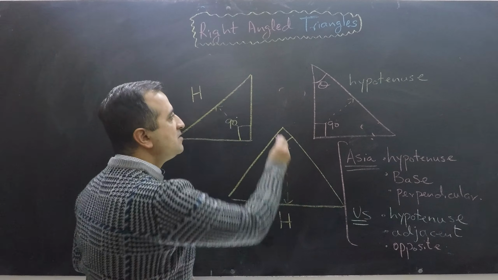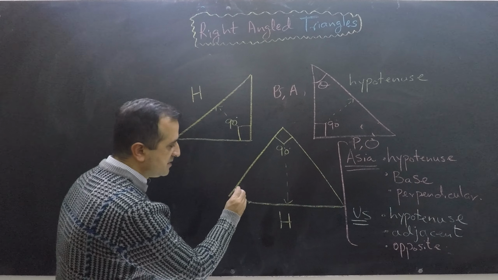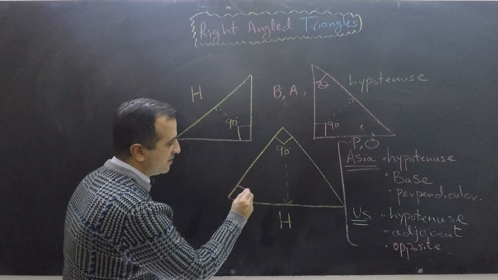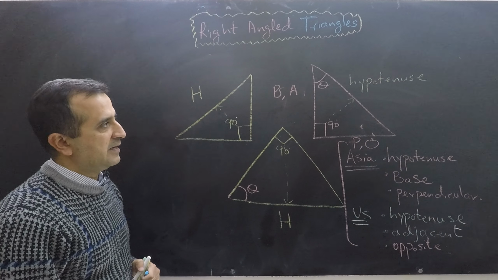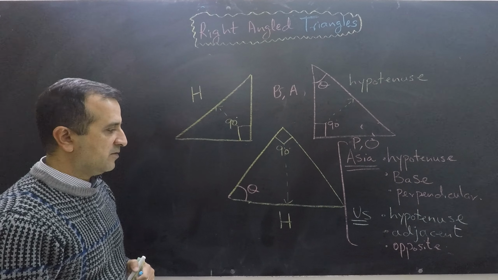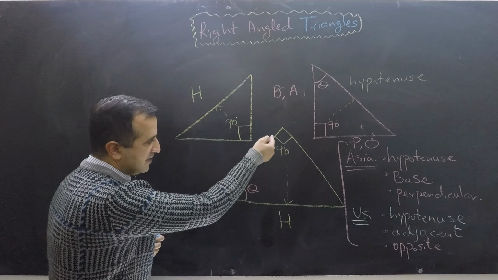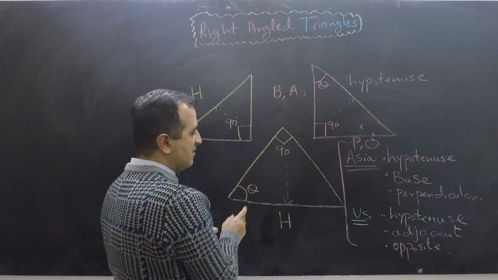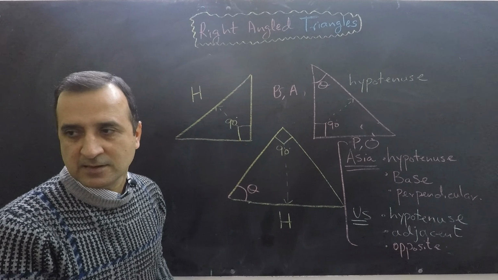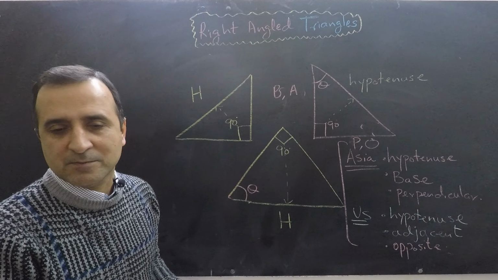Make sense? So now if you understand this terminology, please help me write those sides in this triangle and this triangle. First I start with this triangle, and let's say this is my theta. Right? So where am I standing? I am standing on this line or that line? That line. You are always standing on the line where theta and 90 degrees meet, and that line becomes your base.